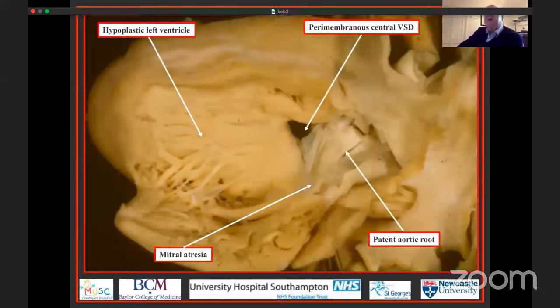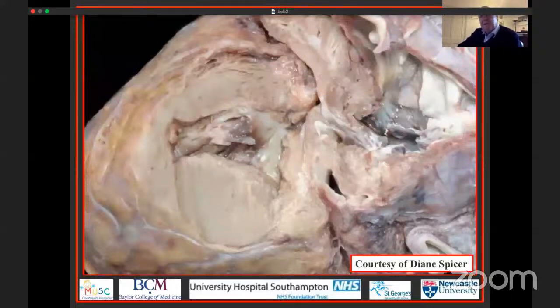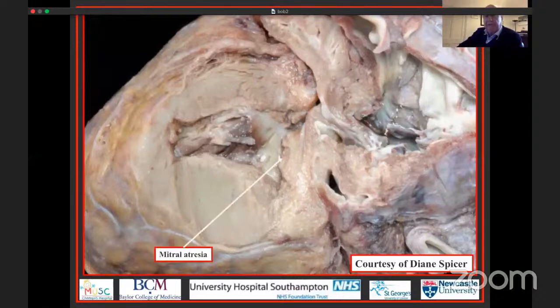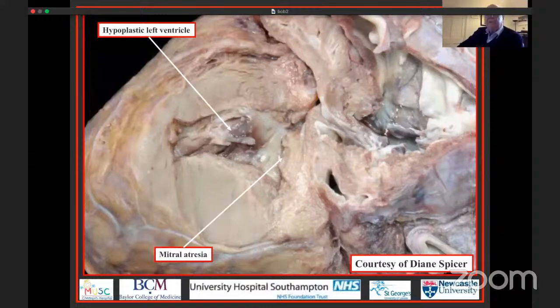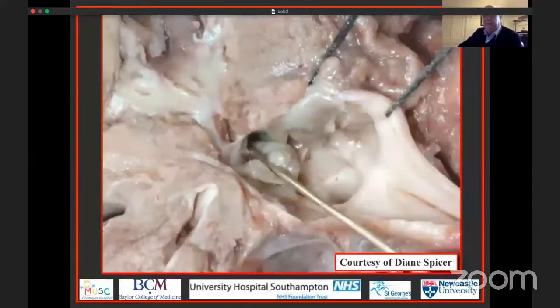So we get mitral atresia with patent aortic root in various forms. And this is a case that Diane herself shared with me to show you this afternoon. And it's another example of mitral atresia with patent aortic root. There you see the mitral atresia, this time due to absence of the left atrioventricular connection, but this time the left ventricle is particularly hypoplastic.